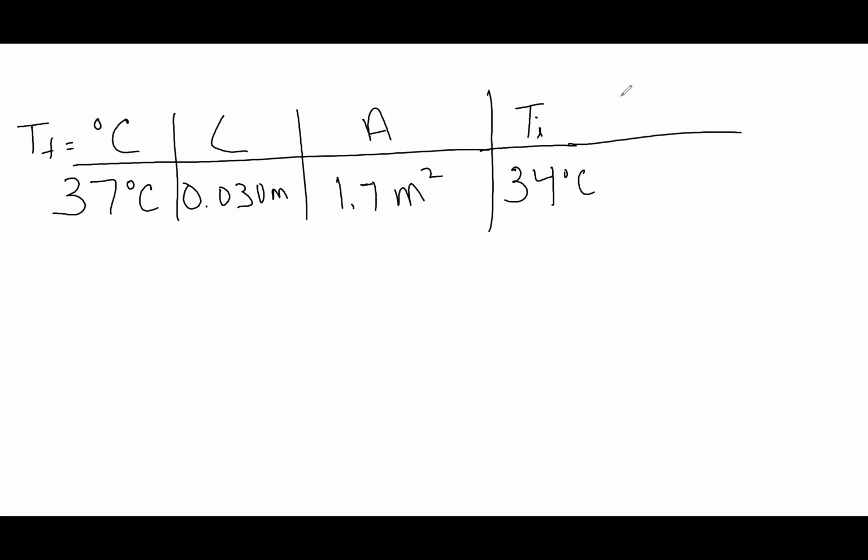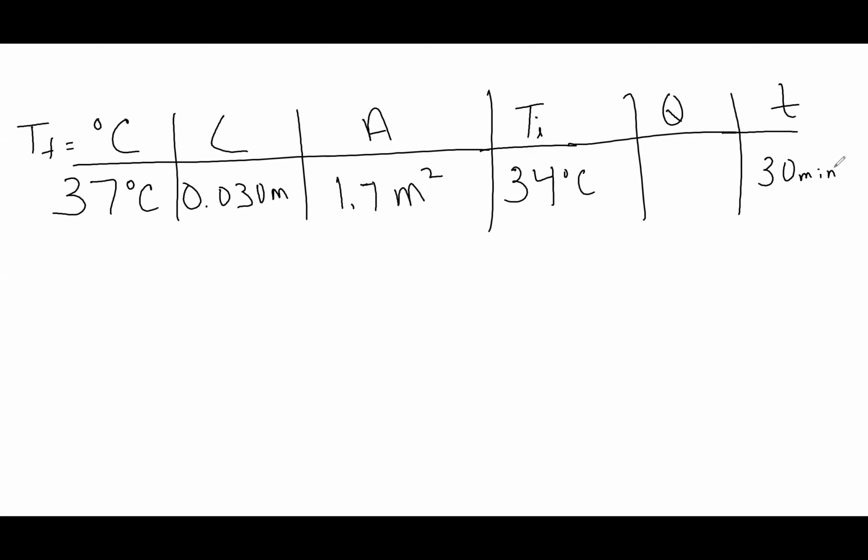The question is, find the amount of heat that reaches the body. Find the amount of heat, that's Q, that reaches the skin in half an hour. So my time is 30 minutes. So what equation are we going to use?